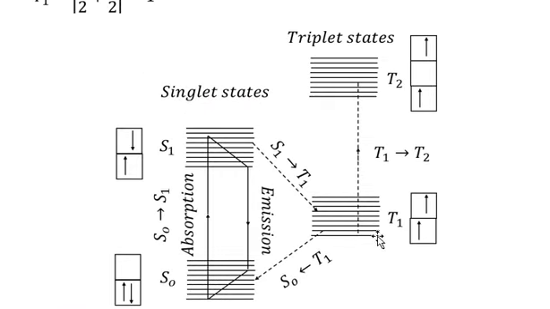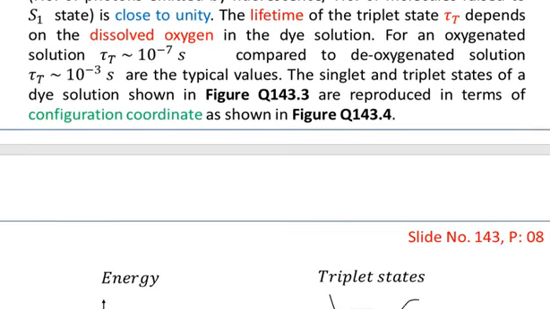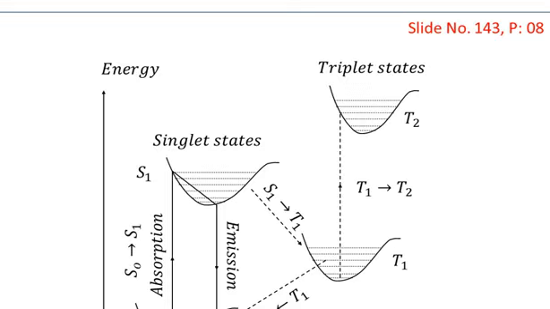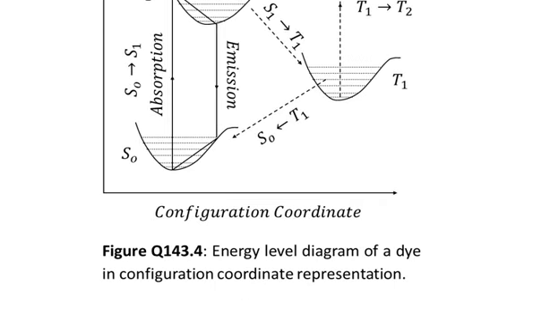Now I am going to show this in terms of the configuration coordinate system, where on the horizontal axis you have the atomic separation, and along the vertical axis you have the atomic states shown in curved form along with the vibrational levels. So this is the configuration coordinate system diagram. This is figure number 4, the energy level diagram of a dye in the configuration coordinate system.